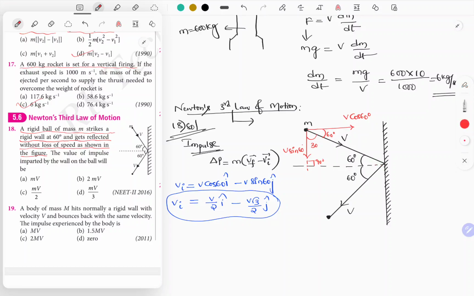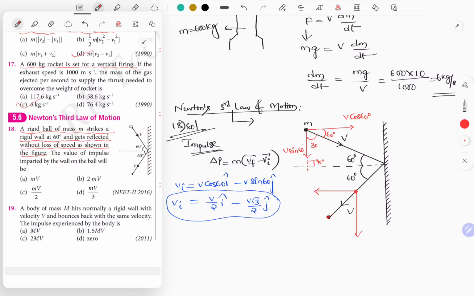Without change in speed, this object is coming back after hitting the wall. Let me divide this into two components again. As this object is moving in this direction, let me assume it is starting from here. This is the horizontal component, this is the vertical component.